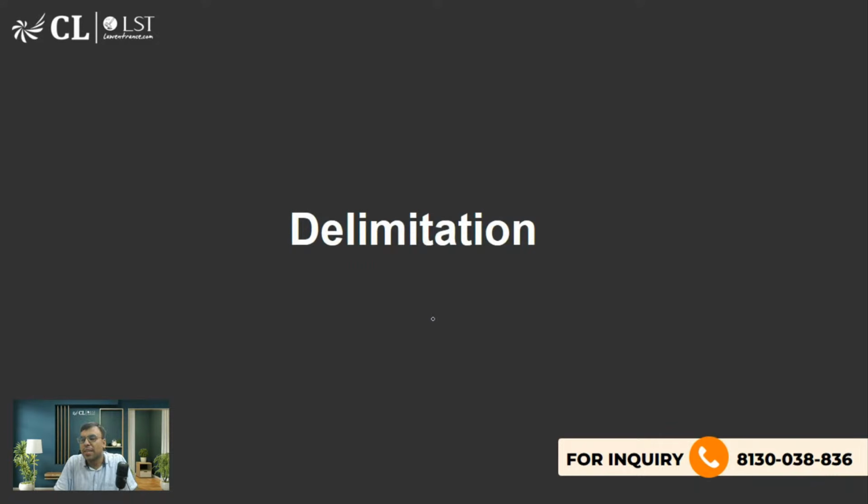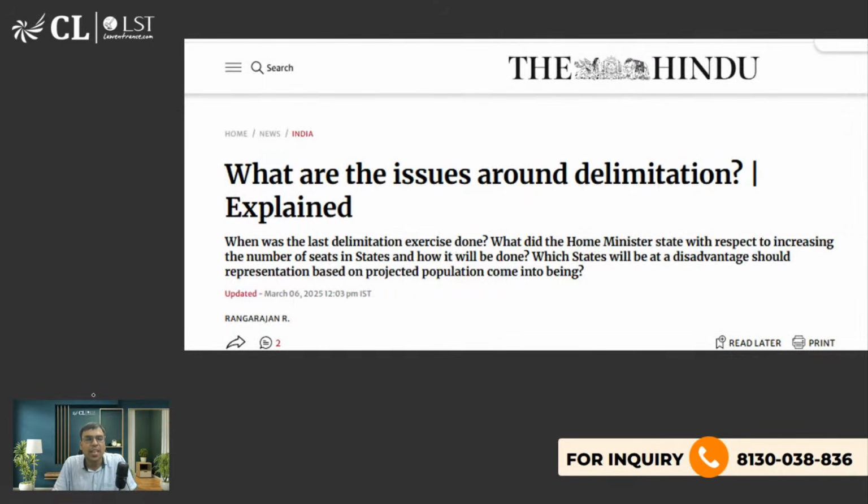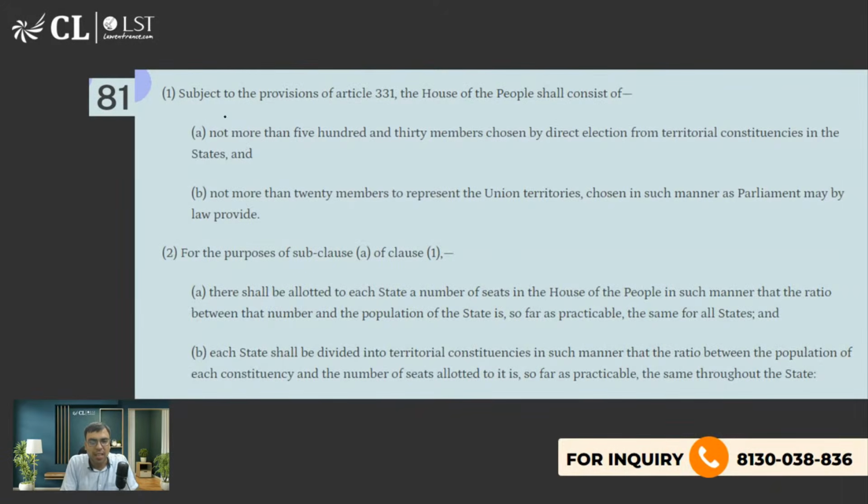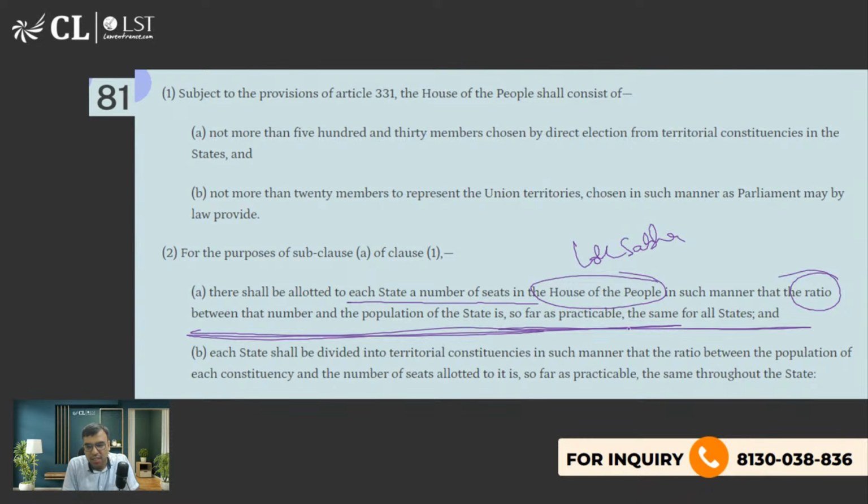Now let's talk about delimitation. What happens is, when you read articles like Article 81, Article 82, these things talk about it: in the House of the People or Lok Sabha, in the manner that the ratio between the number of seats and the population of the state is the same for all states. What does this mean?